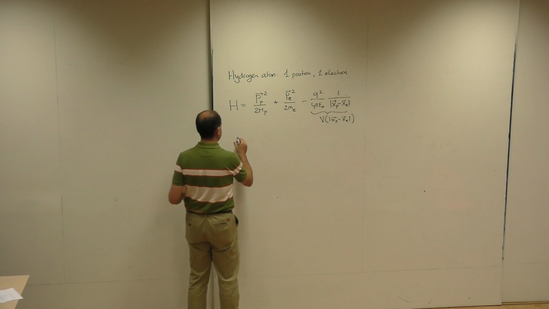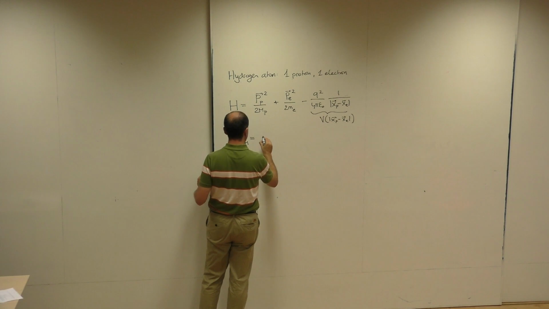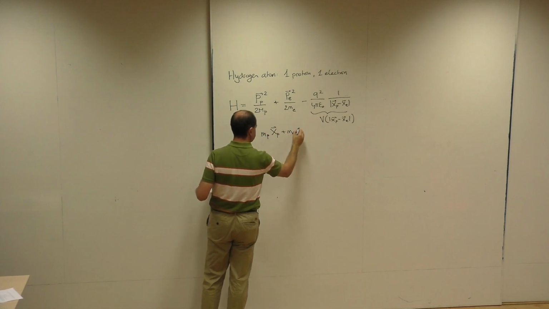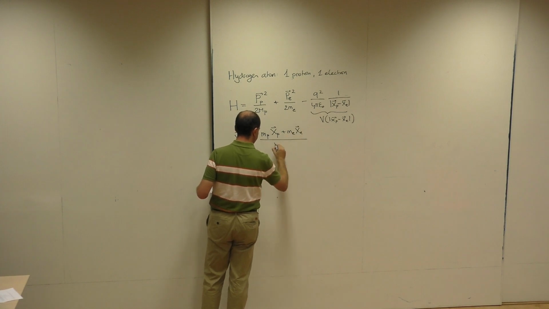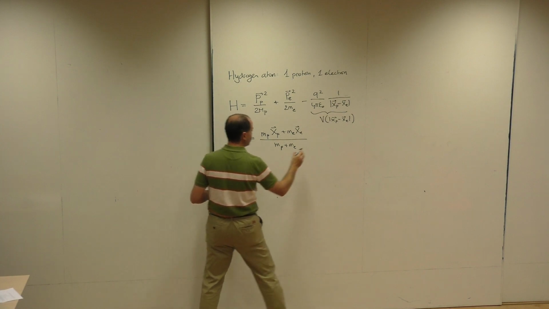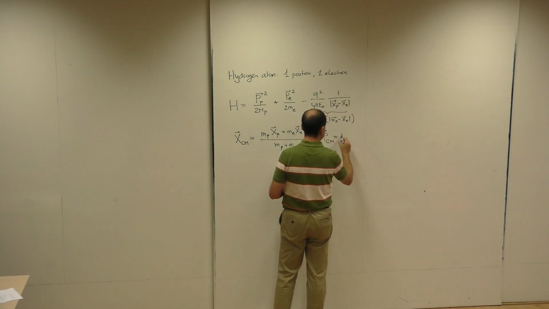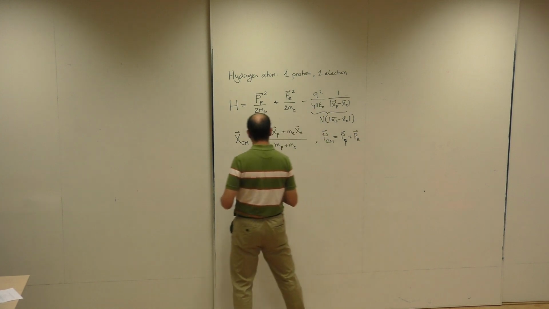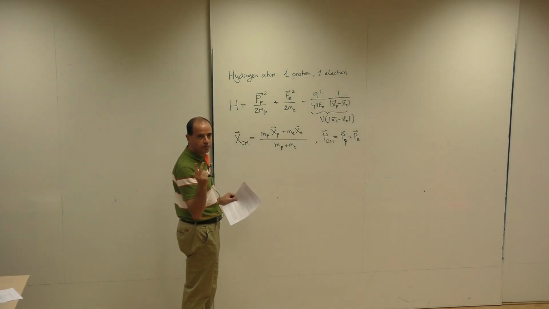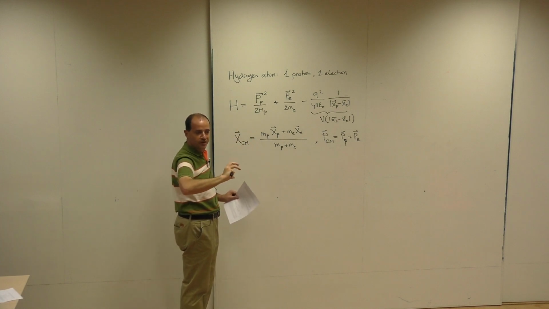So if you define the center of mass coordinate, and the momentum of the center of mass, which is just the sum of the momenta. And then, of course, you have to define 2 degrees of freedom. We had 2 particles, proton and electron, so we need 2 degrees of freedom.